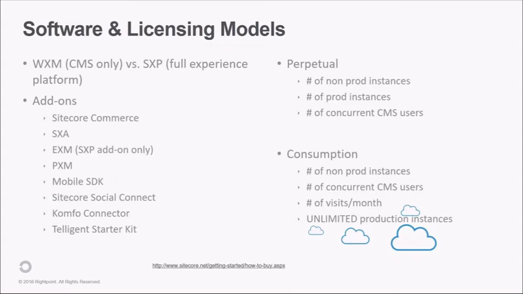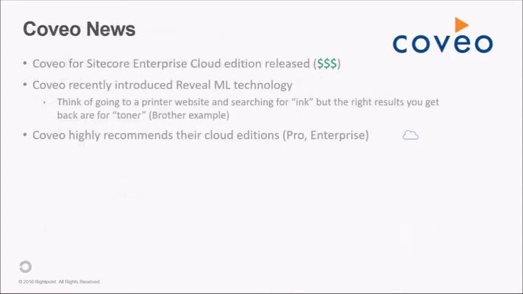They also have a mobile SDK built with Xamarin, so if you wanted to have a dedicated mobile app for your customers, you could manage all that content in Sitecore and have everything seamlessly flow between the two. There's a couple. Telligent is a community for your customers, and the other one is a social integration. So some of the announcements there.